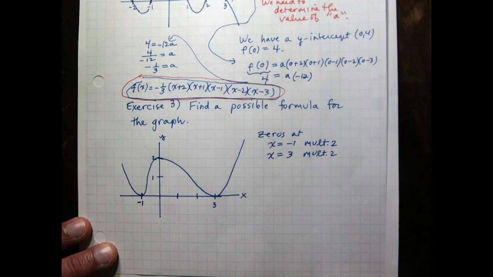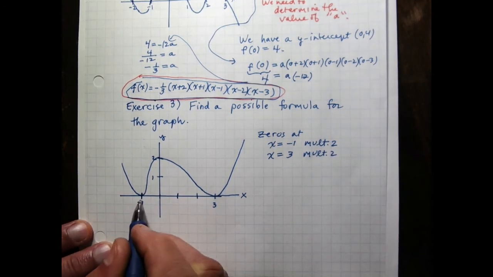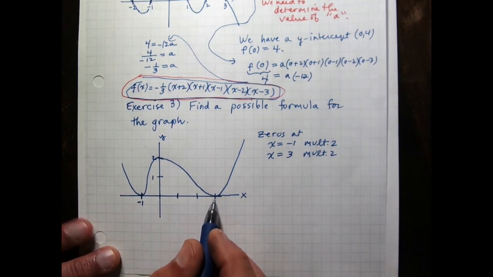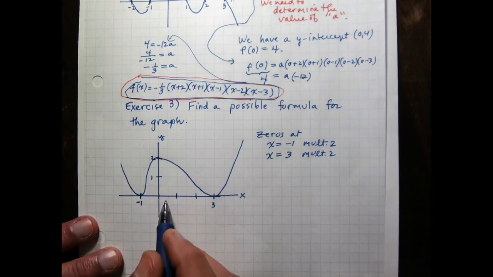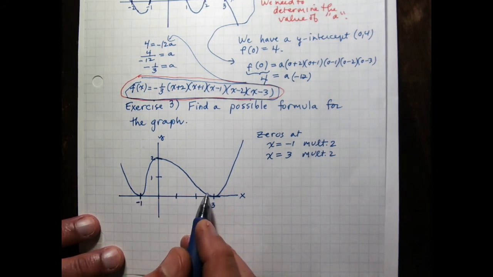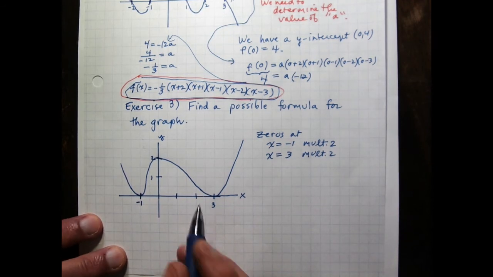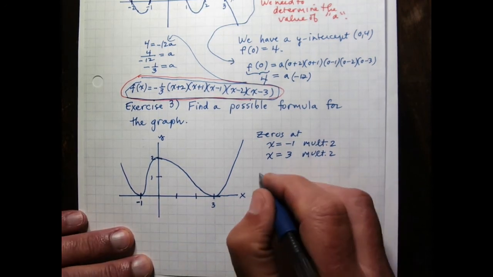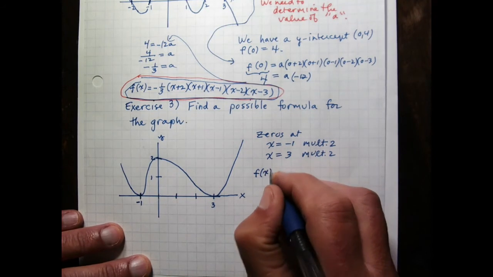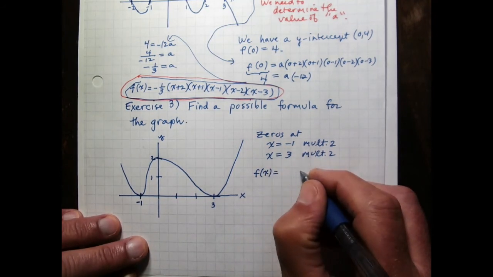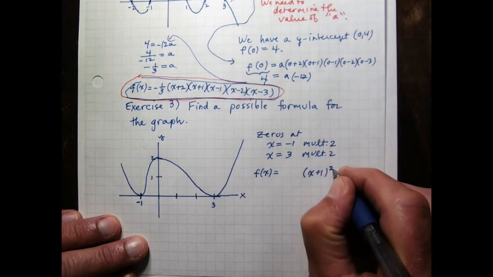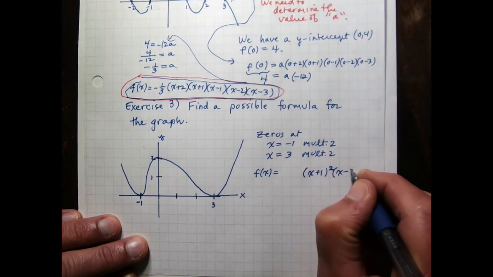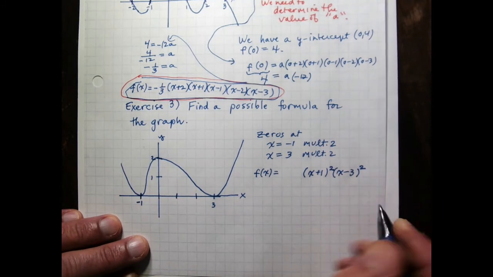That means that those factors have to occur squared. I guess they could conceivably have multiplicity 4 or 6 or 8, but we want to keep this as simple as possible. So our function is going to have an x plus 1 factor squared and an x minus 3 factor squared.